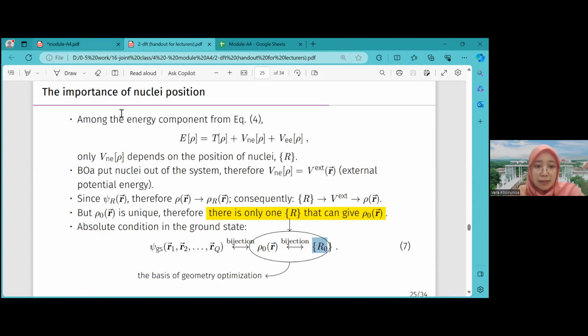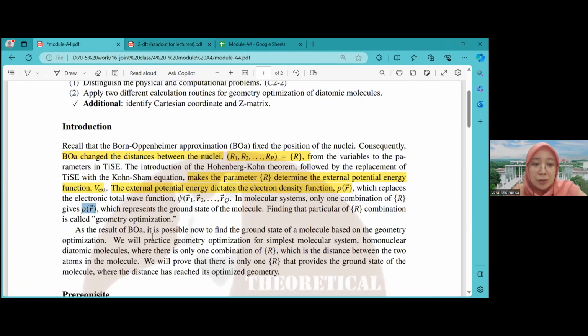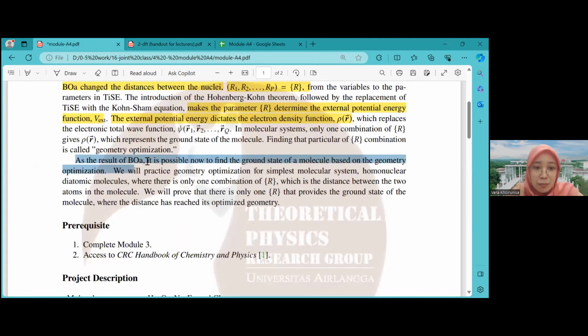Okay, we will come back again to the module. So here, as the result of the Born-Oppenheimer approximation, it is now possible to find the ground state of a molecule based on geometry optimization. We will practice geometry optimization for the simplest molecular system.